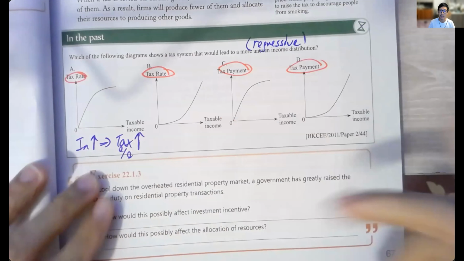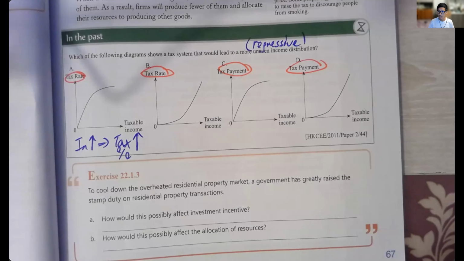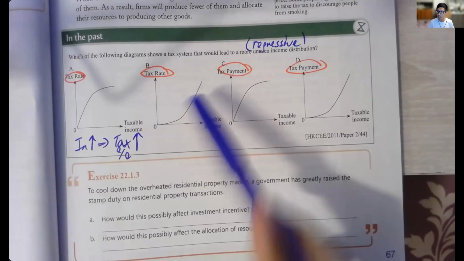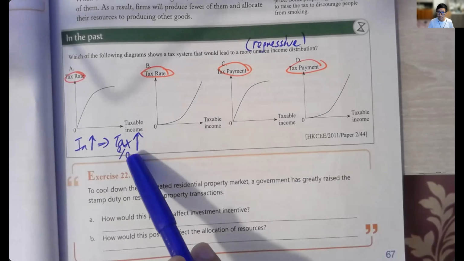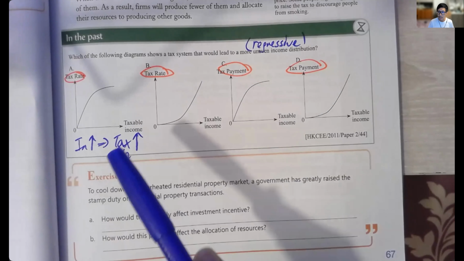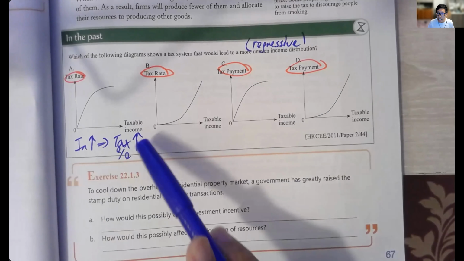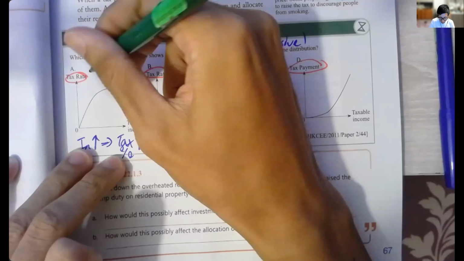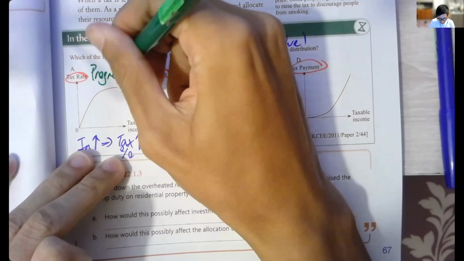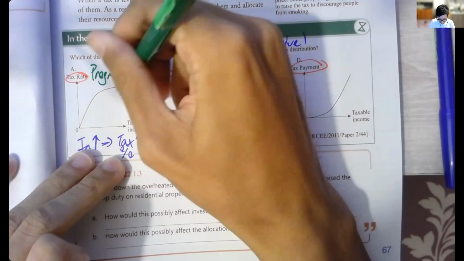Tax percentage, tax rate is increasing. What do we call these two tax? 兩個都係㗎。Your income higher, you will find that, right? You will find that your tax rates are going up. 所以呢兩個我哋叫做咩啊？These two are what we call progressive tax.